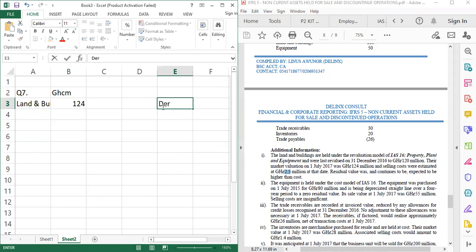The carrying value of the asset as at the date of classification will be 80 million minus, in brackets, 80 over 4 times 2. Am I correct? Yes. What will be the carrying value?